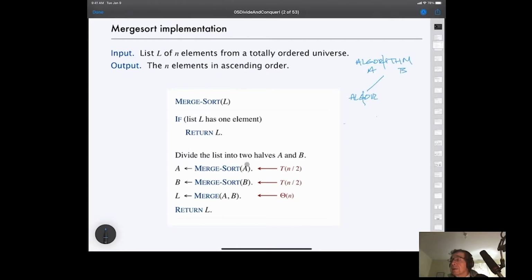So then we submit, as the code says, the left part of the problem submitted to the algorithm. So we submit this ALG part, and we divide it again because we make this recursive call and enter, and now ALG has more than one element, so we divide it into two halves.